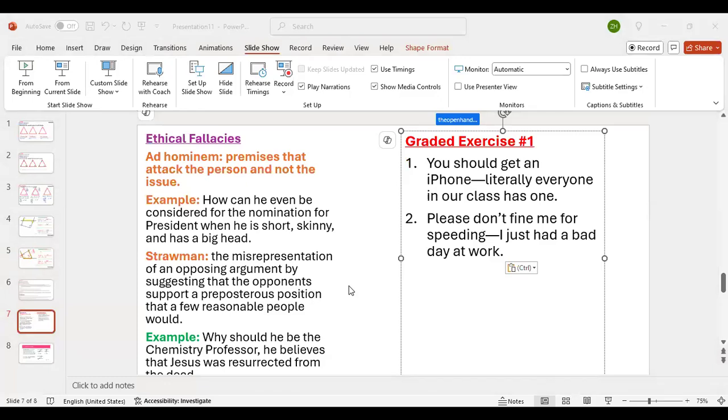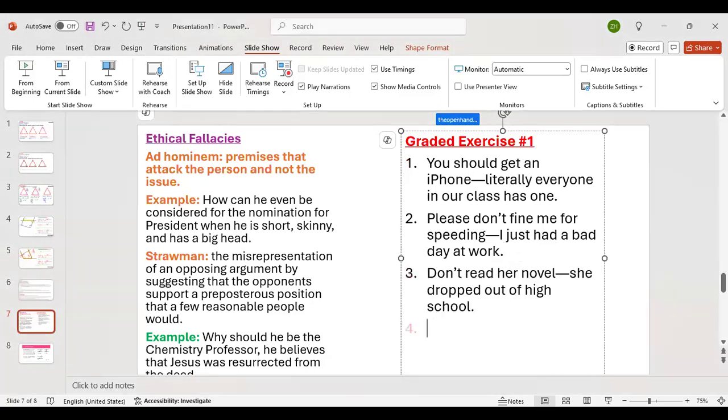No, don't write it down. All right. Number three. Number four.